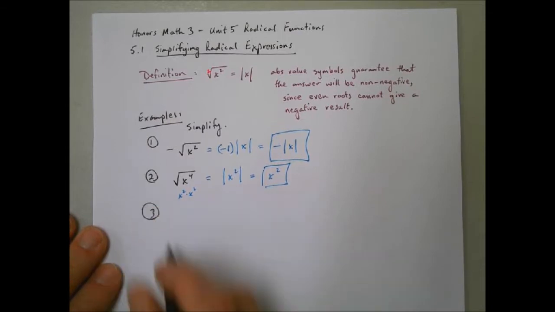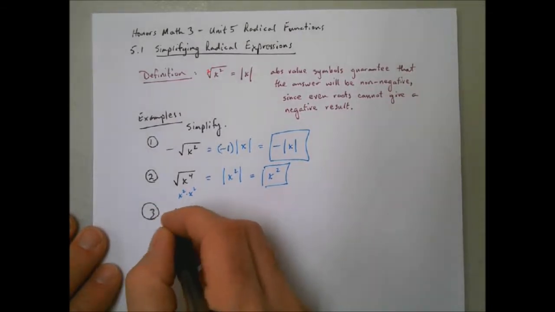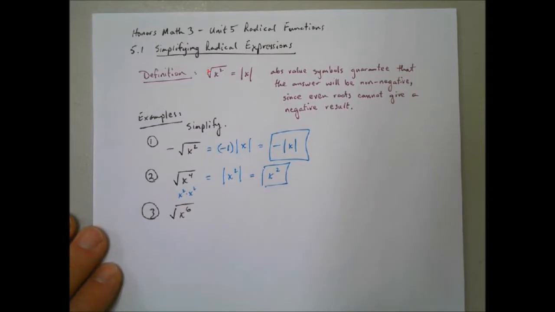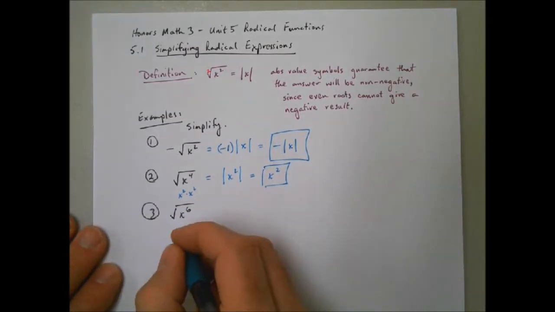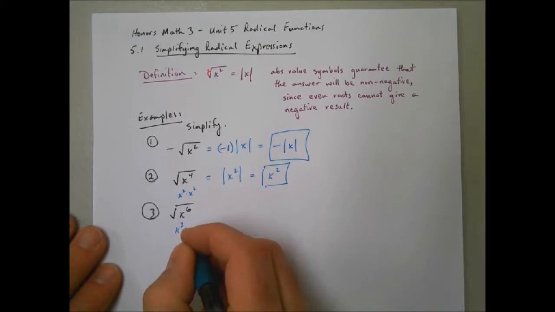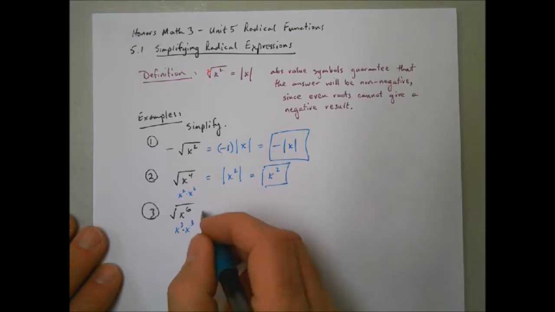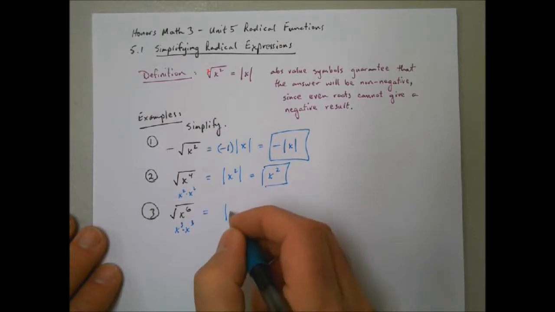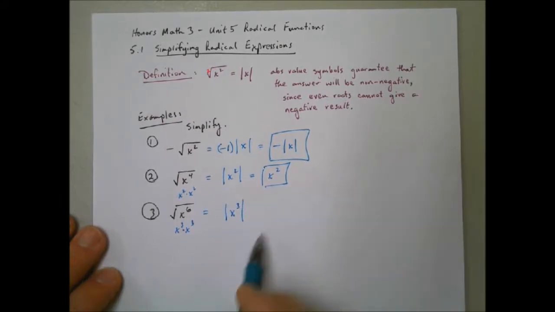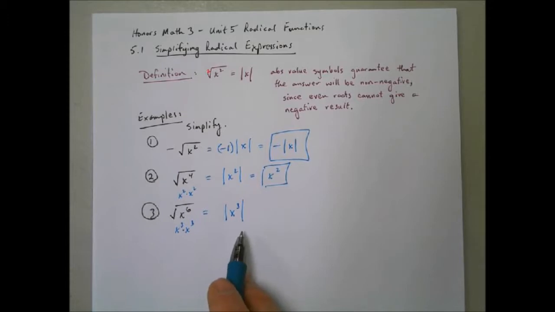Okay, number 3. Square root of x to the 6th. Of course, x cubed times x cubed is x to the 6th. And so this would be the absolute value of x to the 3rd. Now, can I get rid of the absolute value? Well, what if x is positive?